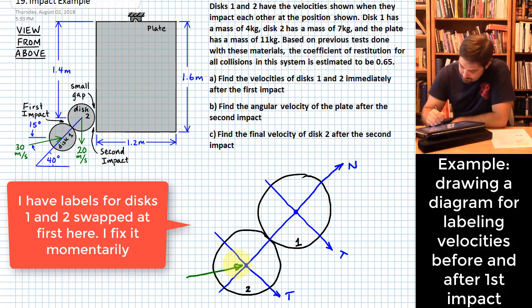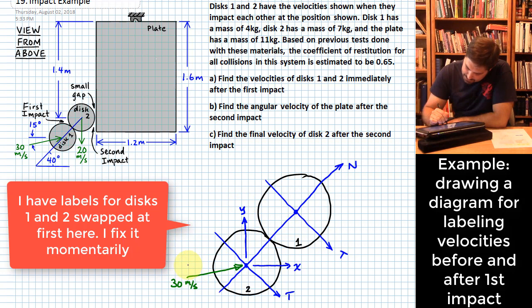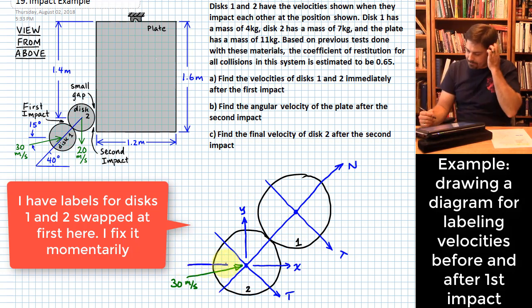This is 30 meters per second. And let me show that relative to this x direction here. Set up my x and y directions. So that x extends back here like so.